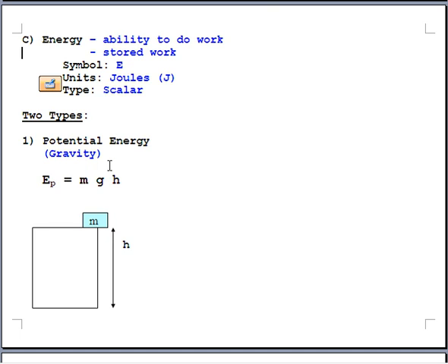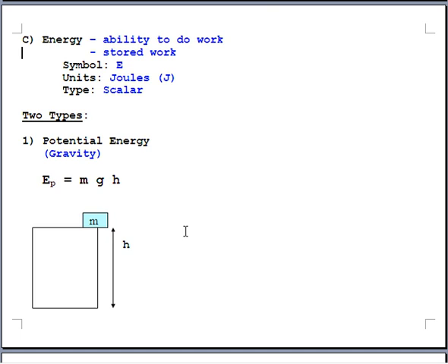If you think about this equation in terms of work, because we said energy is the ability to do work, then M times G is simply the force acting on the object, it's the force of gravity, times D, well, we would say the distance the thing is falling is the height of the building maybe that it's on. So this equation is actually just a variation of the work equation that we saw yesterday. So potential energy, M times G times H. Easy.